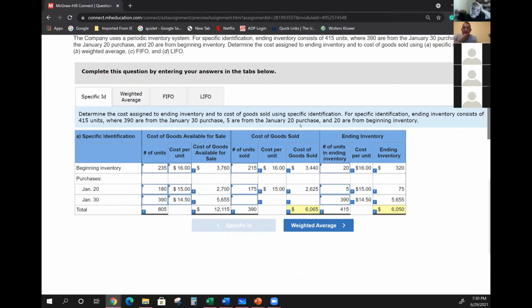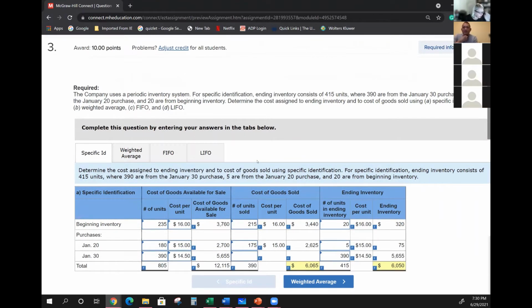Okay, so it's saying I have 250 units. Well, wait, that doesn't seem right. Am I looking at this wrong? Well, no, you're looking at it right, but if you read the instructions right above it, it tells you how many you sold or was remaining in that certain amount of time. Oh, okay. So I have 235 I'm starting with, and then I'm going over.